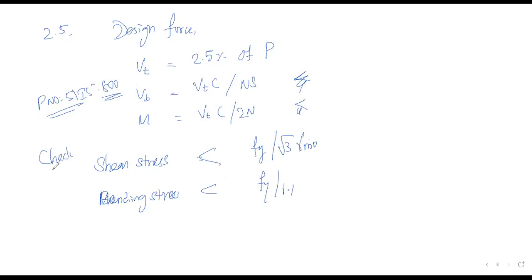If it satisfies this condition, then whatever design we made with respect to the batten is correct. So up to this, the design procedure for the batten is over. Now let us move on to the problem.